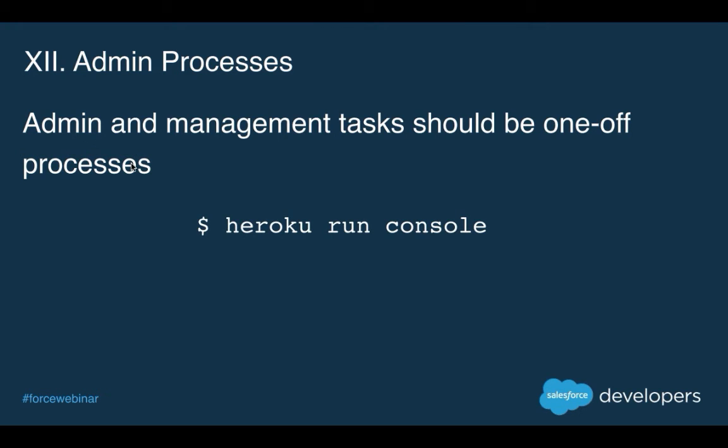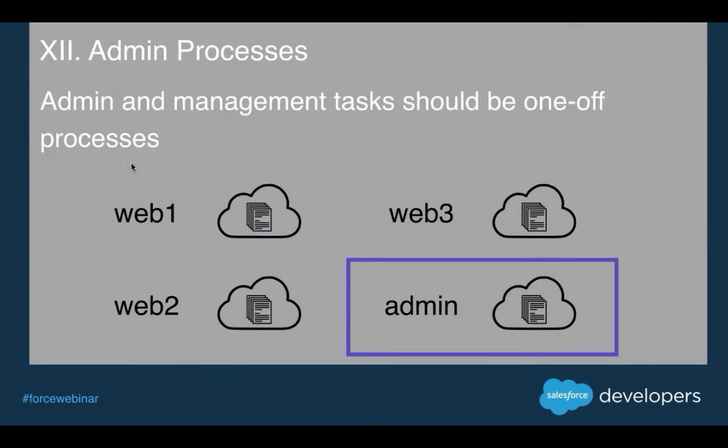So when I run heroku run bash, or if you run heroku run console with Scala, you get an isolated environment where if you do something wrong, you're not going to trash the web processes. And ultimately, a bootable environment, a disposable environment, makes this possible.